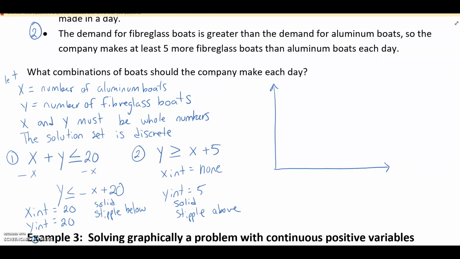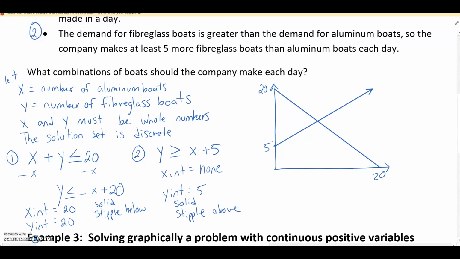Okay, so draw those lines on here. This one here. And this one here. So this is 20 and 20, and this here is 5.